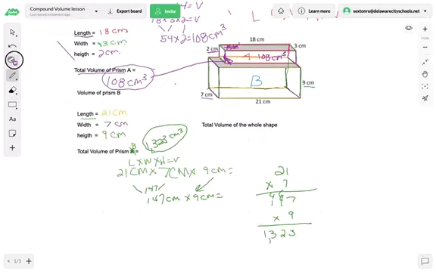And I've figured out that this, B, is 1,323 centimeters cubed. But the question is, what is the volume of the whole shape, right? This is what they want to know. So I know the volume of this part and this part. So what do I need to do?